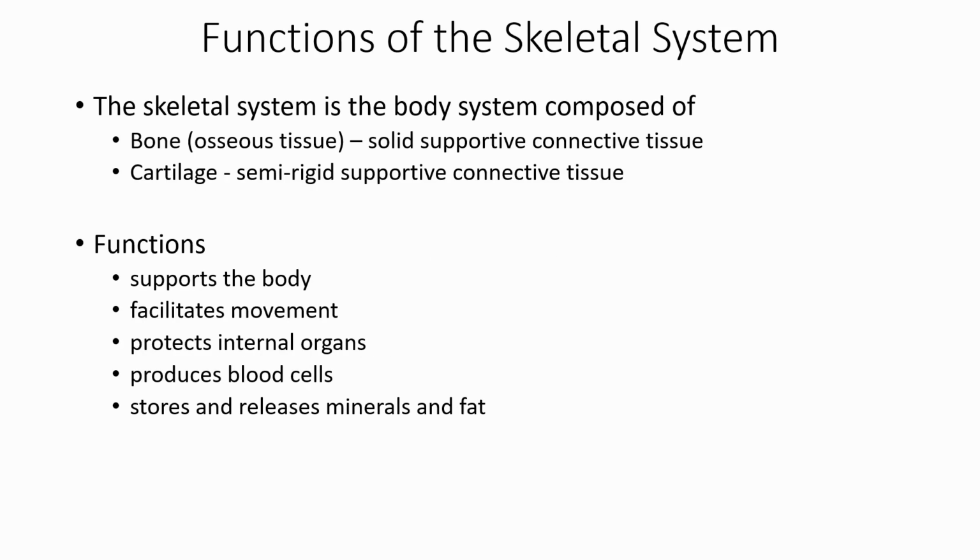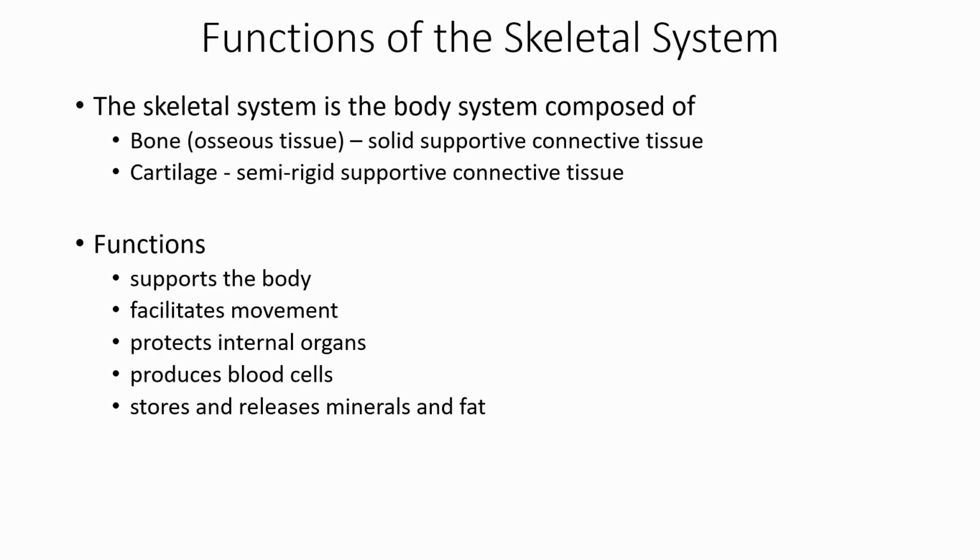So the skeletal system is made of two main components, bone, which kind of goes without saying, but also cartilage. So when we say bone, we're talking about osseous tissue, and so you'll see osseous or os or osteo as a prefix for a lot of terms involving bone.